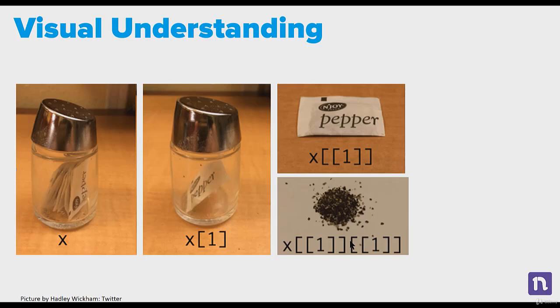In our case, since this object, the pepper sachet, was a vector, we had to use a single bracket after that. But if you had stored a list itself instead of a character vector, I would have had to use a double bracket in that position also. We'll see more examples of this.